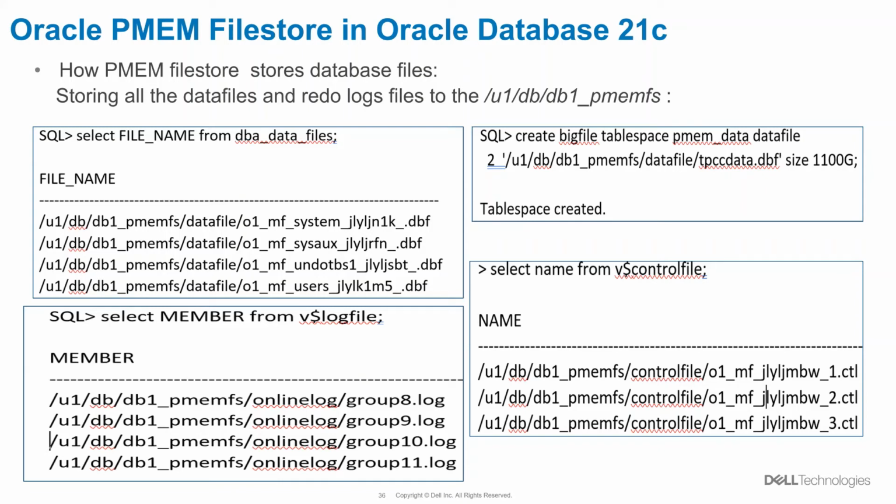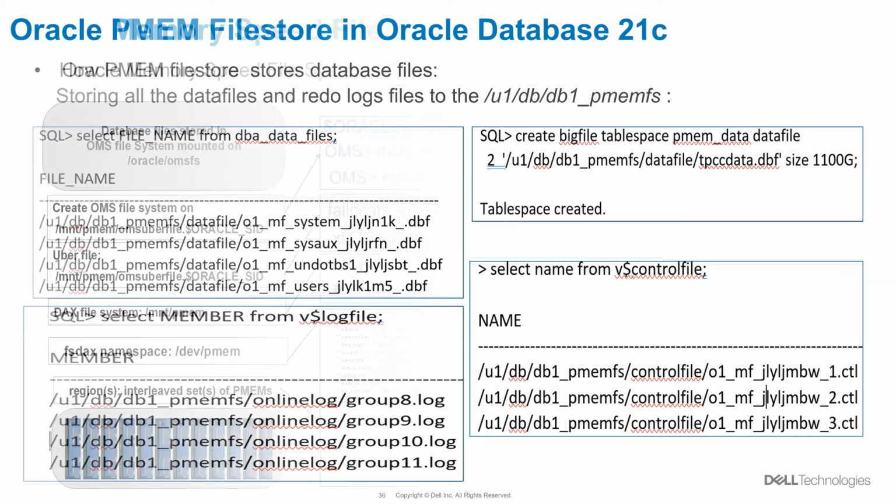But in this case, PMem itself is on one server only and cannot be shared by other nodes, and also this is a local file system. These two reasons together are pretty much a great obstacle for us to implement a RAC solution. Simply, if you have a local file system, you cannot do RAC.